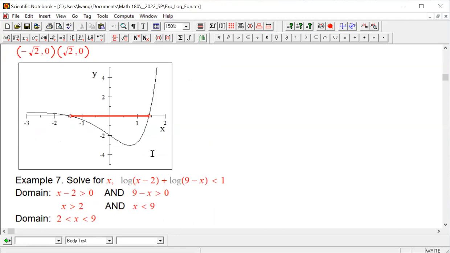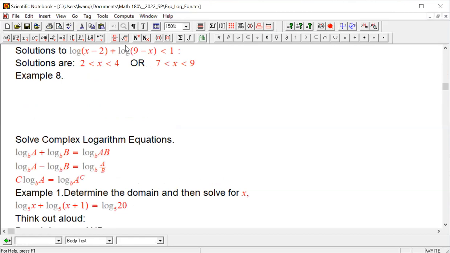So once again, we solve for x, and this time we're going to do an exponential. This one is e to the power 2x plus 5 times e to the power x plus 6 larger than 0.